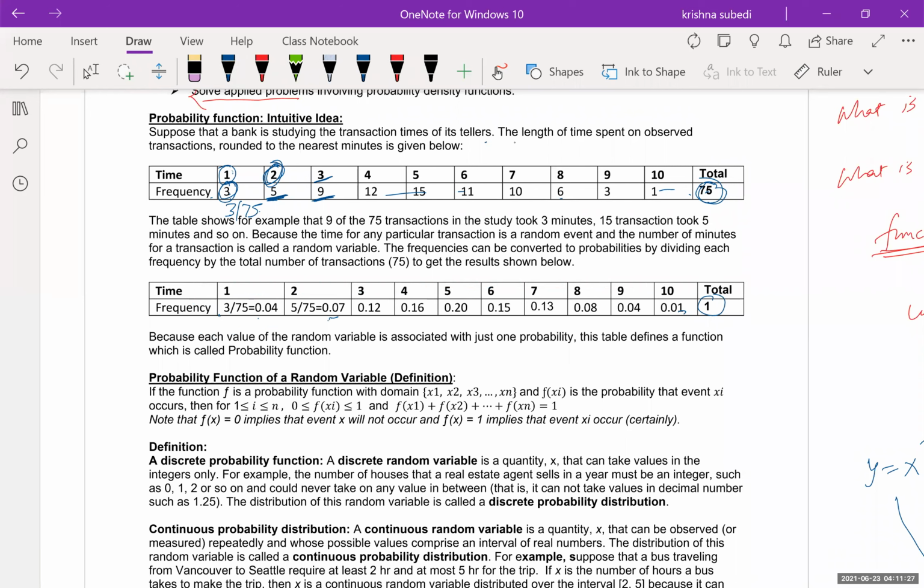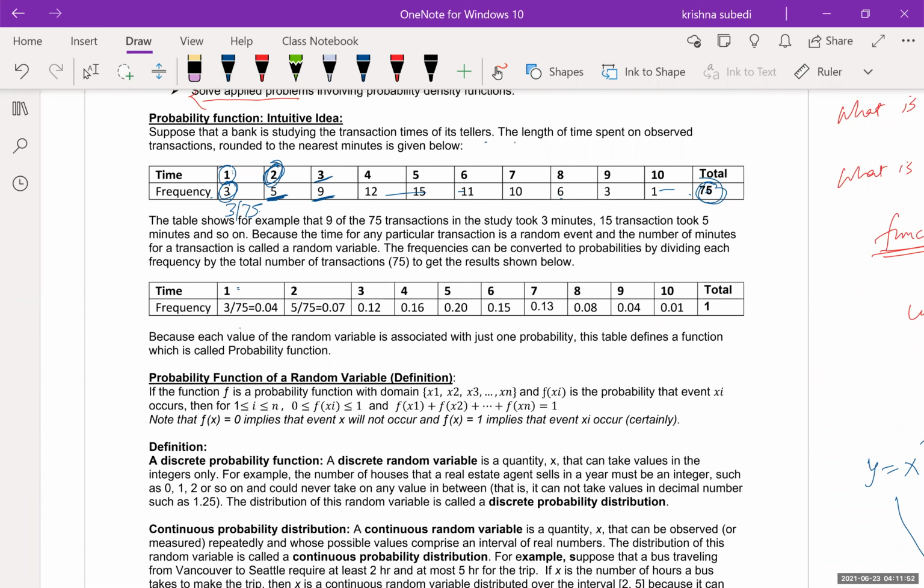Okay, does that make sense to everyone? So we will consider them as a probability function because they are probabilities we just calculated, and we can consider them as a function because for each x value, there is a y value.